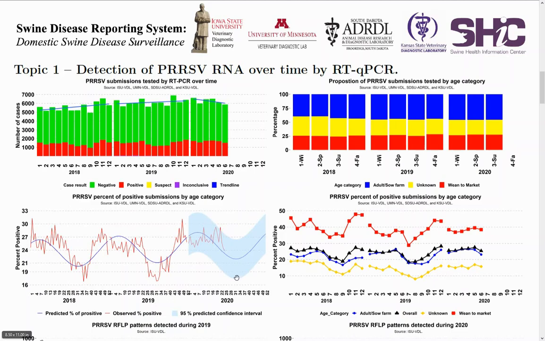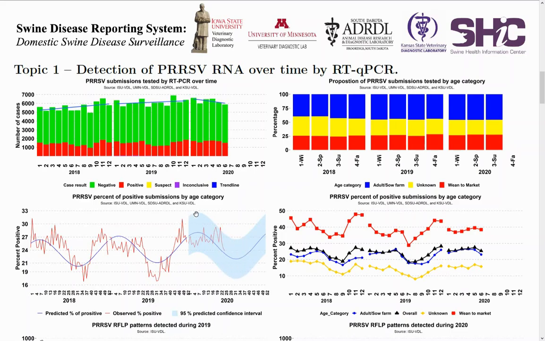So for 2020, we took the years of 2017, 2018, and 2019, and used these 3 years of weekly information as the baseline to construct a model.